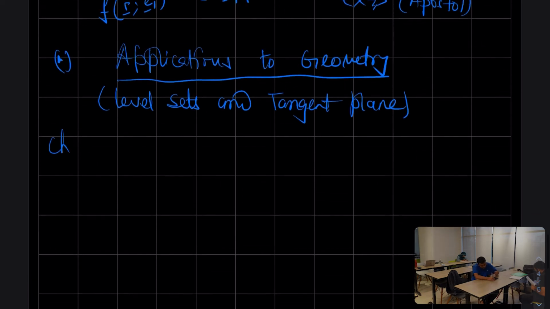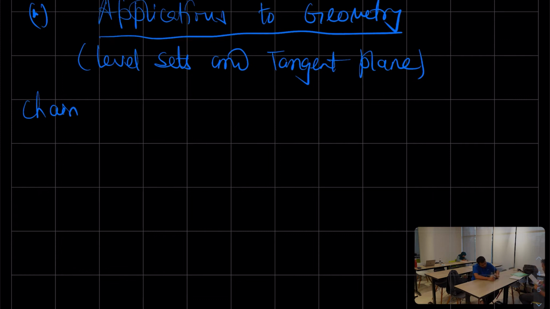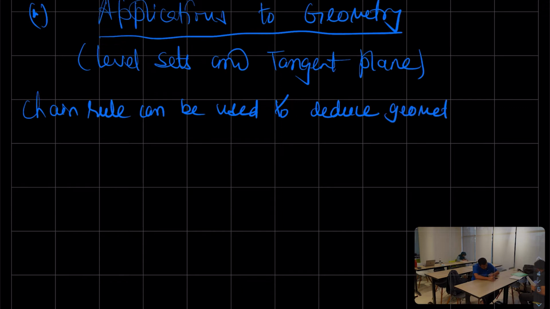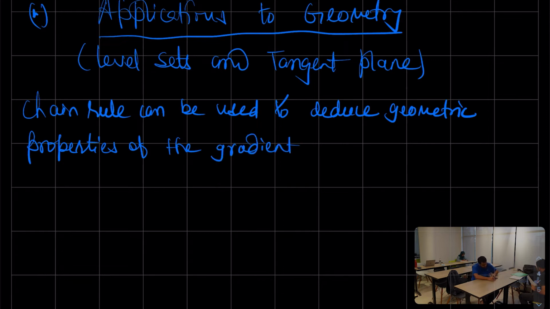So the chain rule can be used to deduce geometric properties of the gradient vector.